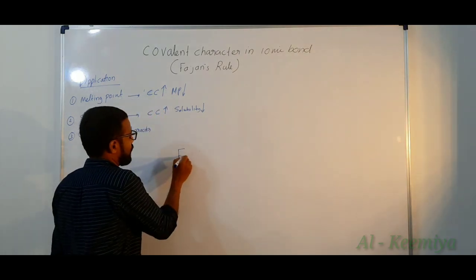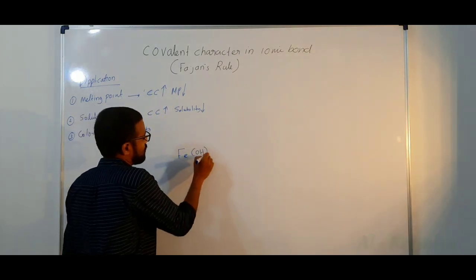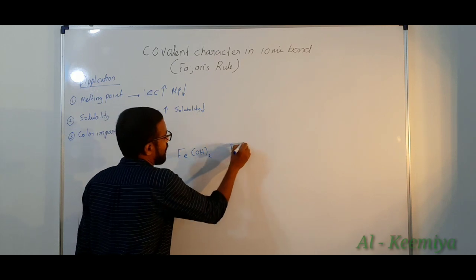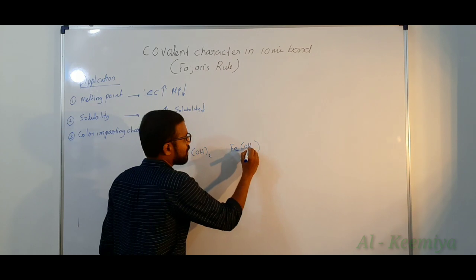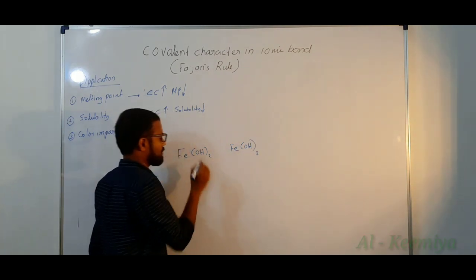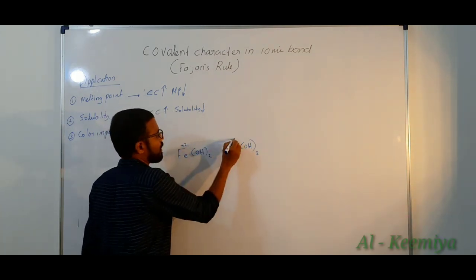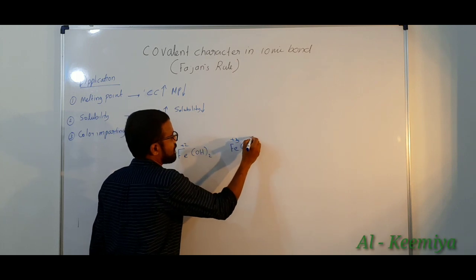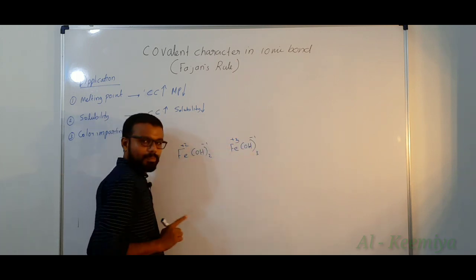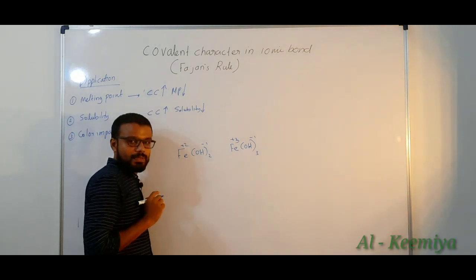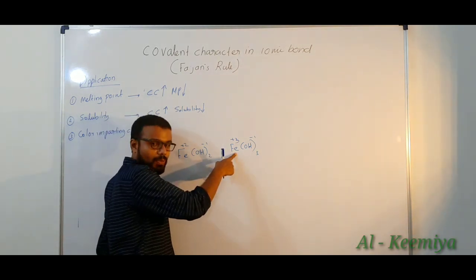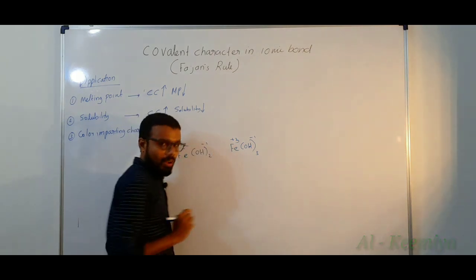See, Fe(OH)2 and Fe(OH)3. These are two examples. See, Fe is +2 here, Fe is +3 here. Here it is -1, the anion is the same. So we can predict based on the cation, because the cation charge is different. Higher the charge of cation, higher the covalent character.